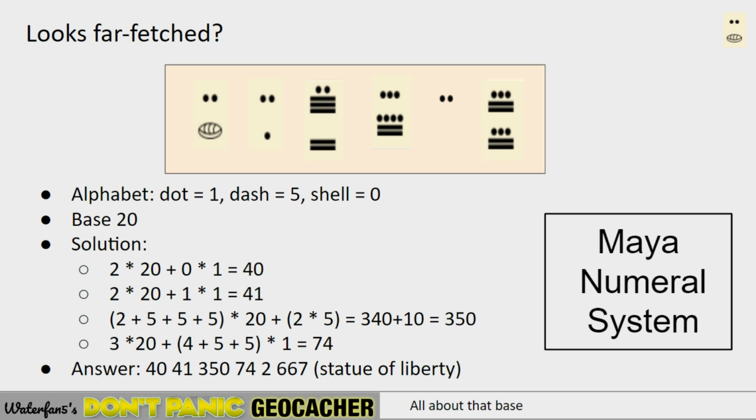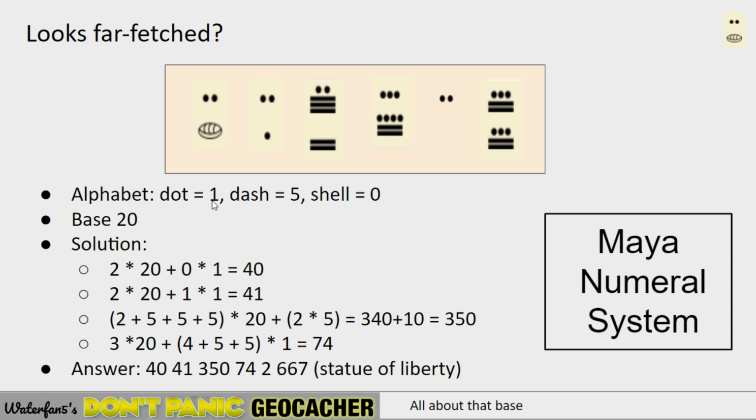All this may look very far-fetched, right? With custom alphabets, different bases, but actually one of the old numeric systems, the Maya number system, used all of that. It of course didn't use the Latin letters as we use, and they also didn't use a base 10 system. They used a base 20 system. So when you see an example here where we see the numbers, well, their alphabet only had 3 characters.